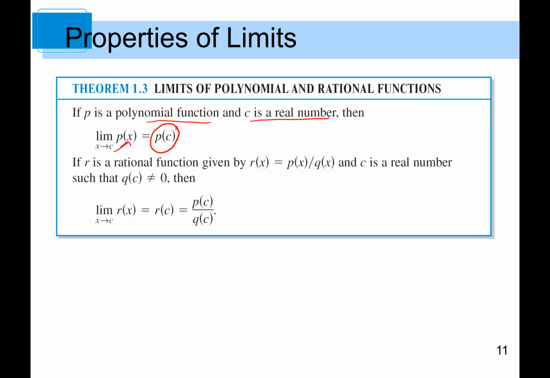If r is a rational function given by r of x equals p of x over q of x, and c is a real number such that q of c is not equal to 0, then the limit of r of x equals r of c. So replace x with c here. It becomes p of c over q of c.